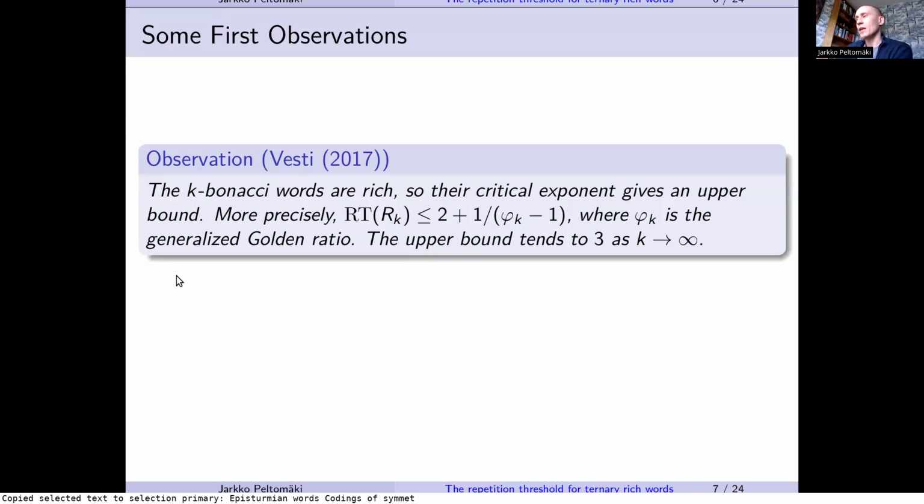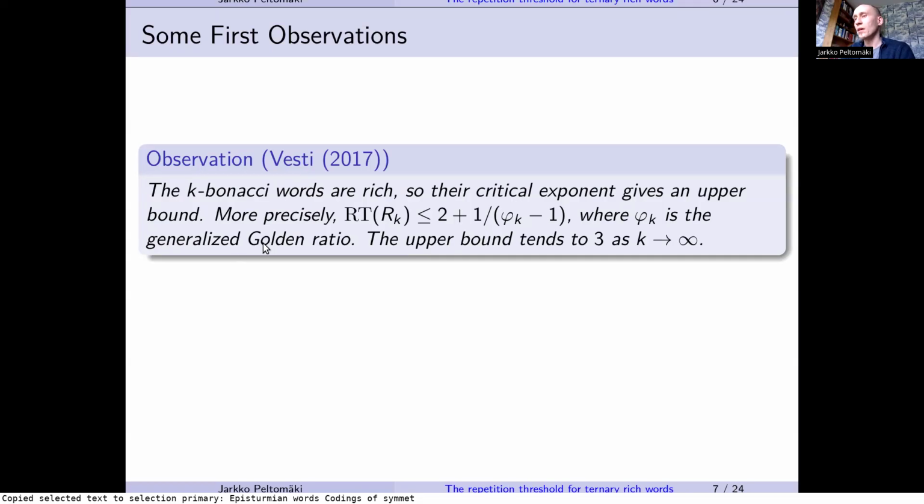He made the pretty natural observation that for the upper bound, it was already known by that time, and long before that, that Fibonacci words, which are generalizations of the Fibonacci word, certain episturmian words, are rich, and we knew how to compute their critical exponent.